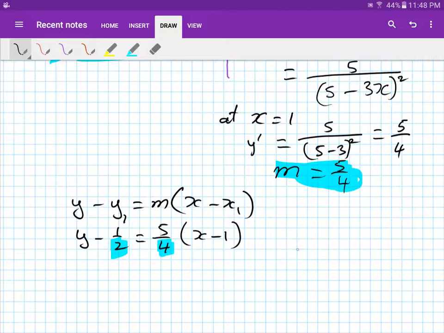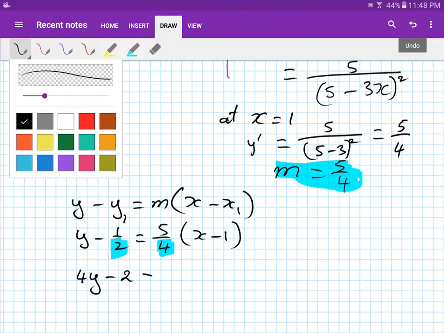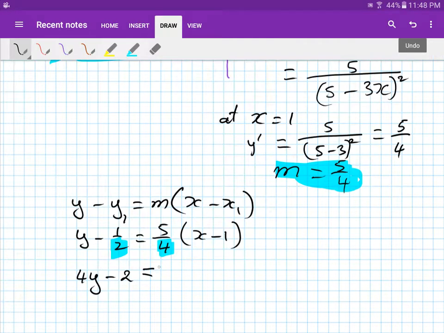So times everything by 4: 4 times y is 4y, 4 times a half is 2, and 4 times 5 over 4 gives me 5. So that becomes 5 times x minus 1. Now expand: 5 times x is 5x, and 5 times minus 1 is minus 5.